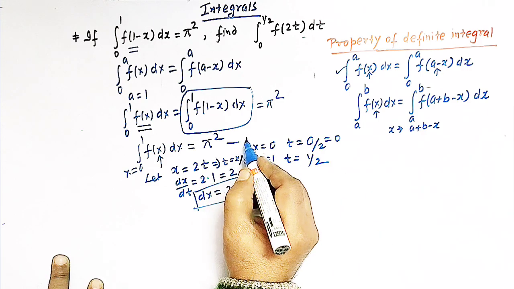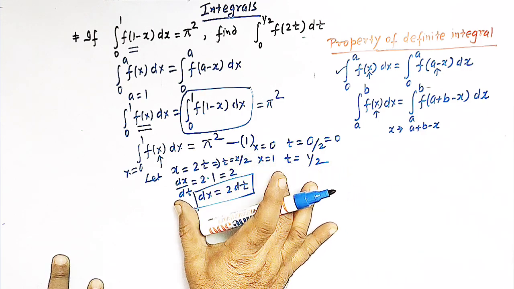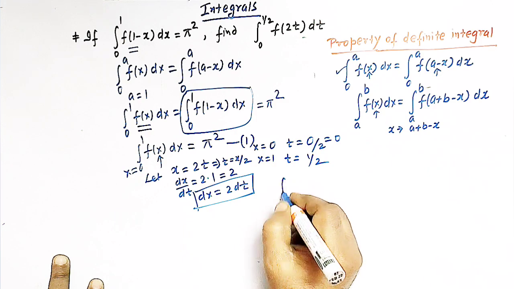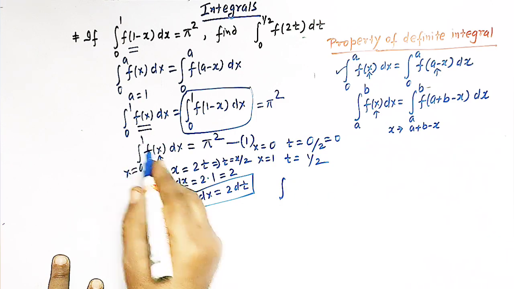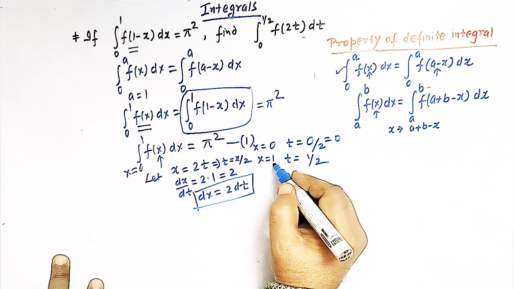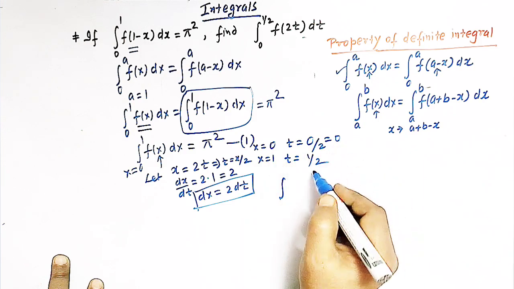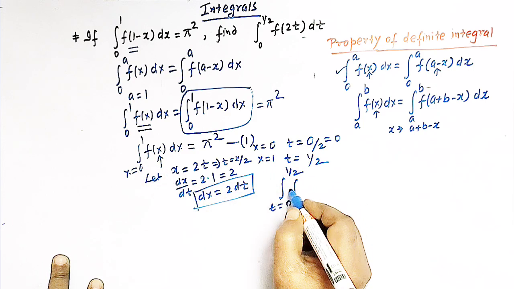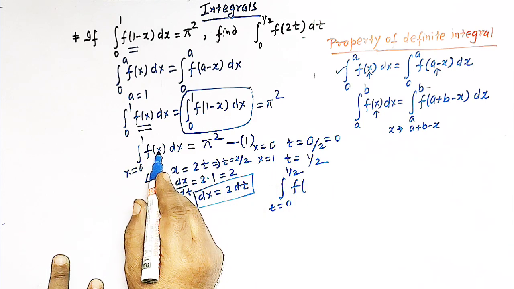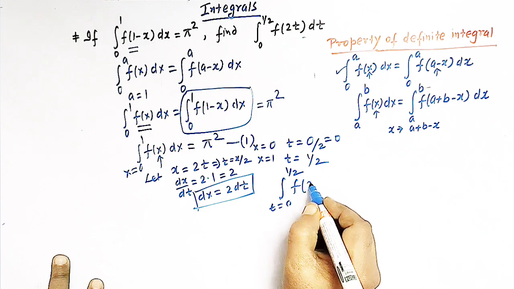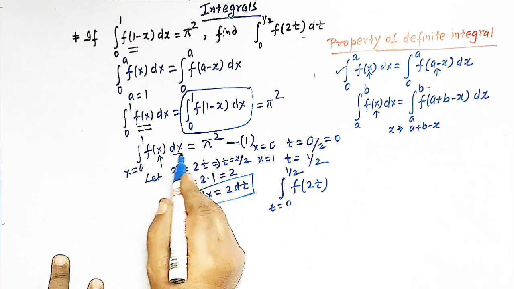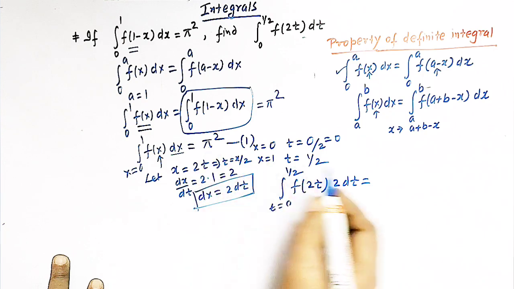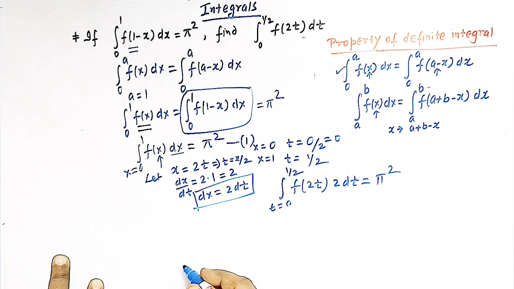So now let us make the substitution in this equation. We have the integral from 0 to 1, and when x goes from 0 to 1, t varies from 0 to half. So we have the integral from 0 to half of f of x, where x is 2t and dx is replaced by 2 dt, equal to pi square, right?